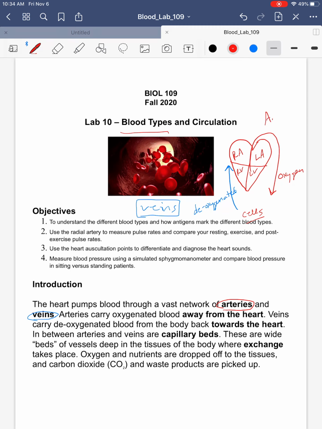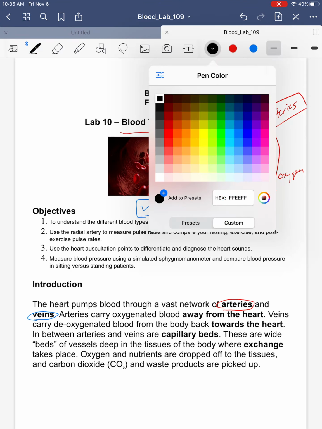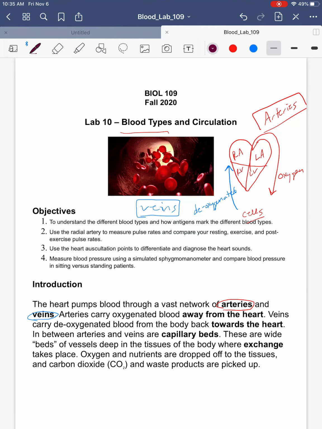On the other hand, arteries carry blood away from the heart, and arteries carry blood that is oxygenated. All right? So arteries carry blood away from the heart, and arteries carry blood that is oxygenated. In the middle, we have capillaries, and I'm going to put that as purple.